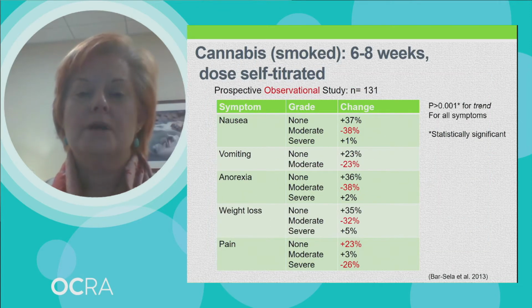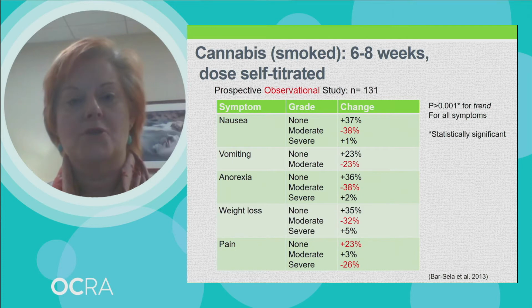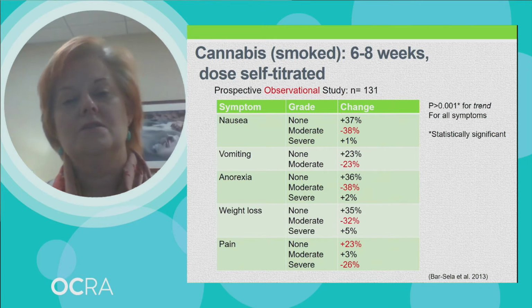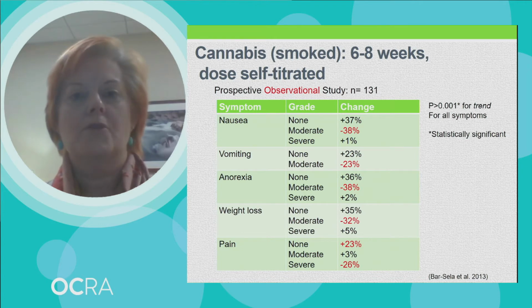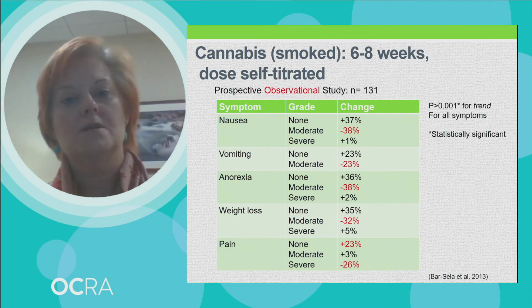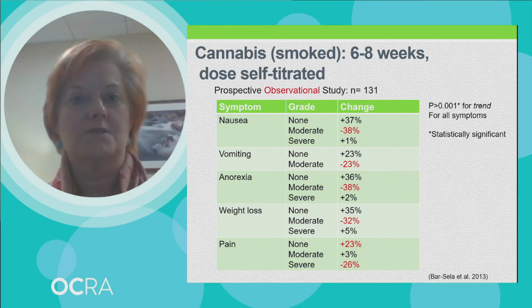I also want to point out some work that was done that was an observational study. So what's different about this study than the ones that we just looked at is that in this situation, patients were able to sign up to be able to use medical cannabis. And they were initially queried about their symptoms, and then 6 to 8 weeks after they were using medical cannabis, they were queried again about their degree of symptoms.